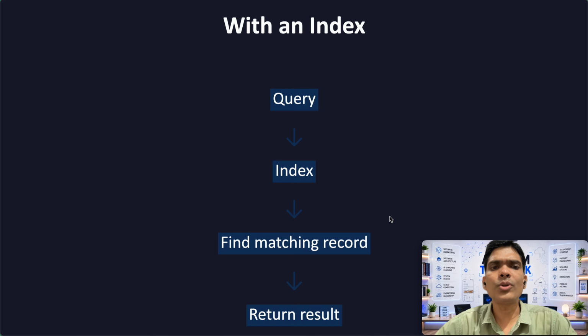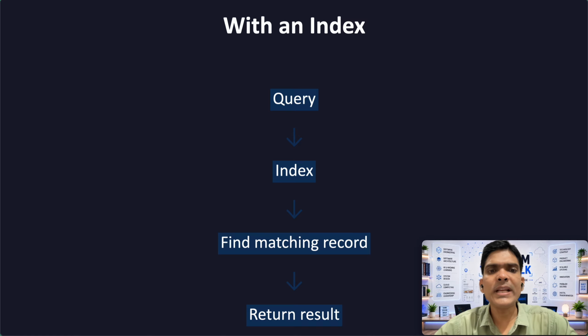So let's talk about what happens with an index. Let's create an index on the email column. When the database receives our query, it can use that index to locate the matching record much more efficiently.